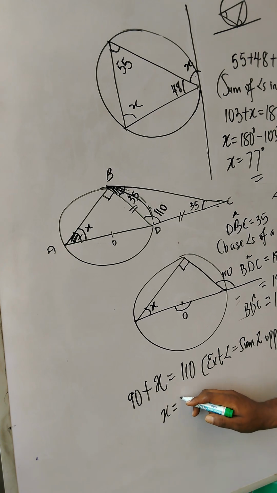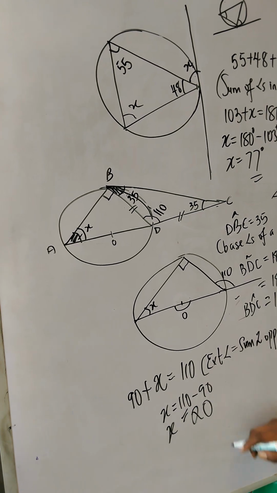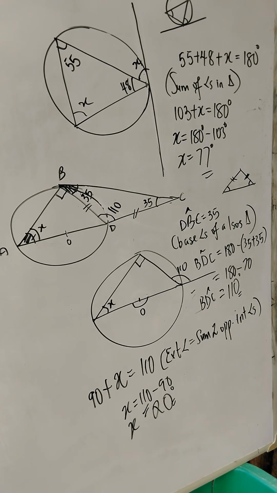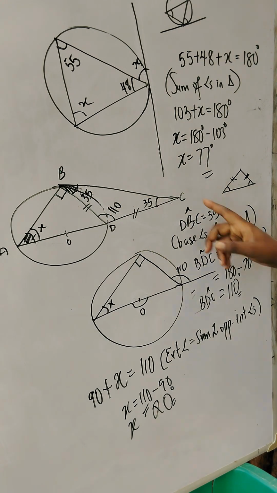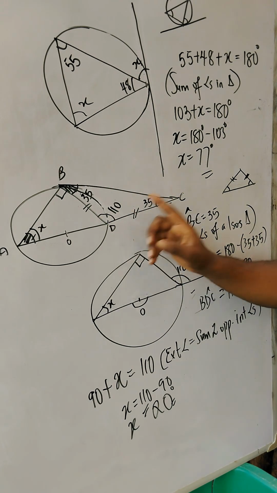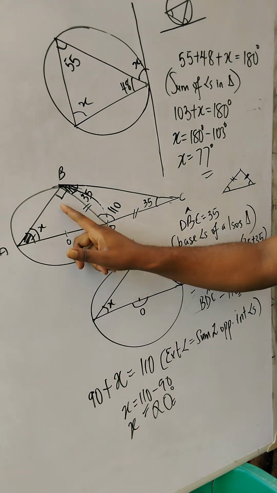So x is what? 20. So our x is 20 degrees. Are we good? So 35, base angles. Angles in a triangle: this plus this, subtract from 180, you have 110. 110 is the exterior angle to these two opposite interior angles.